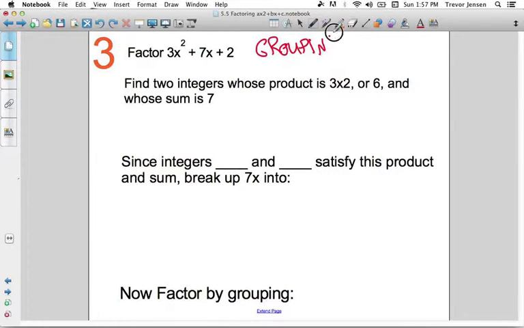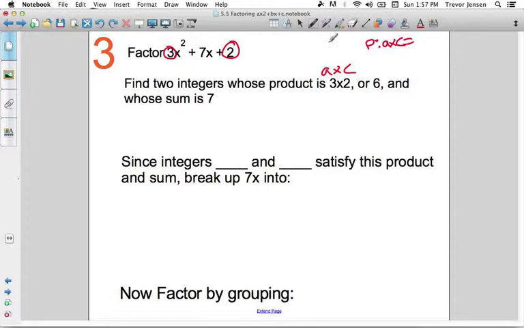Okay? In order to factor it by grouping, we're going to have to break up our middle term into two terms. And how we determine what to break up the middle term into is by finding two numbers who have a product of a times c. Here's our a value, 3. Here's our c value, 2.